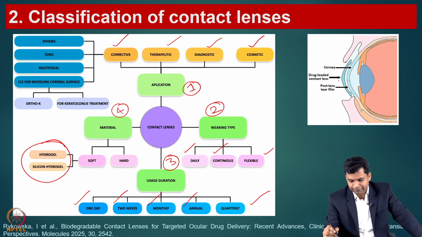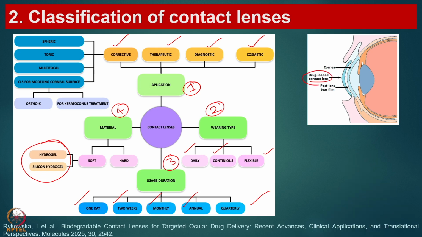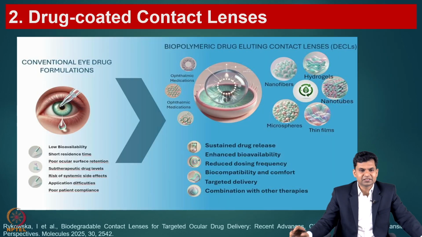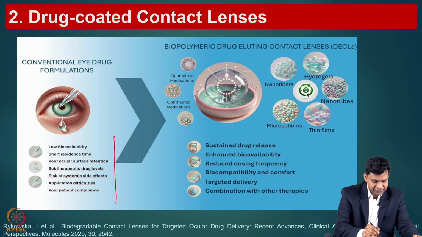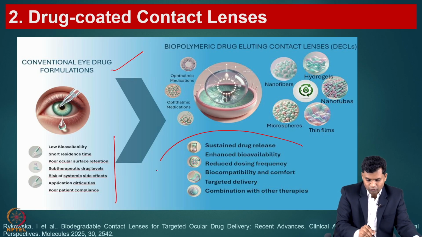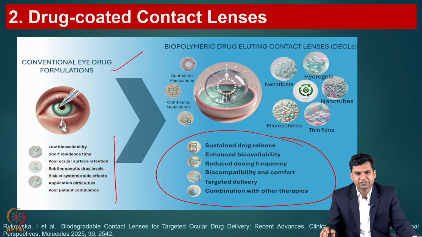So, these are the drug loaded contact lenses. We will place them on the cornea. Here are some of the limitations of the conventional formulations. These can be overcome by using drug coated contact lenses.